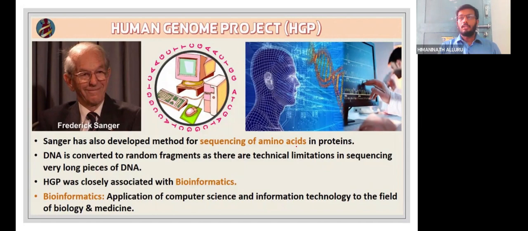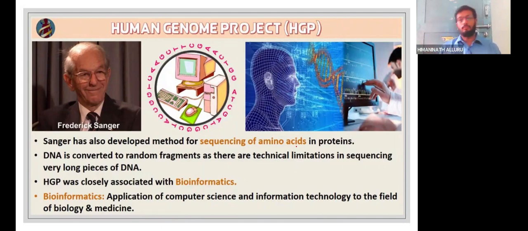Say for example, tomorrow a new human has evolved. We come to know there is an evolution happening in humans. When we take the DNA from that person and run it together with the DNA already stored in the computer, we will come to know at what point or in which gene the evolution has happened.